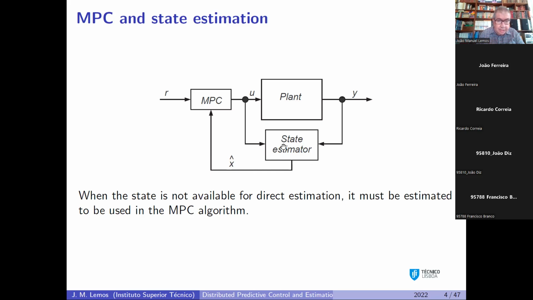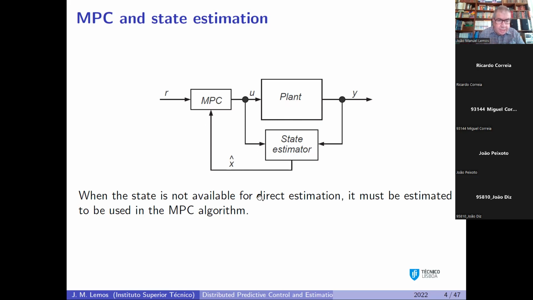That's the subject of this class here. And the state estimator uses the information from the input of the plant, the output of the plant to build X hat, the estimate. And then the MPC generates U based on this estimate and on the reference. In the case that you are considering at the lab, we are assuming that we are measuring directly the state, so we don't bother about state estimation.